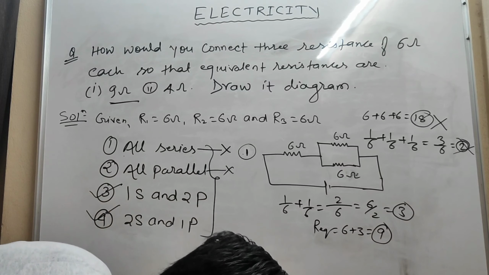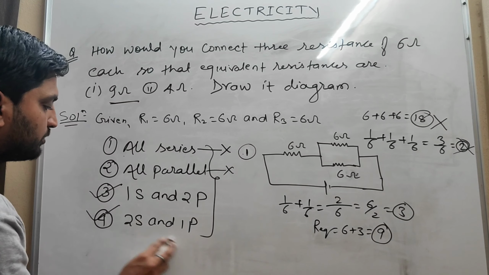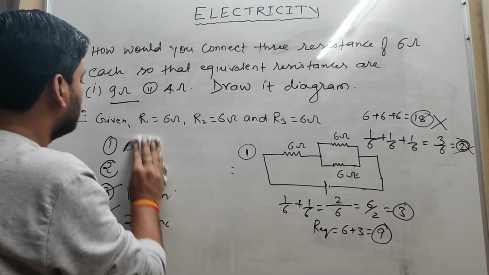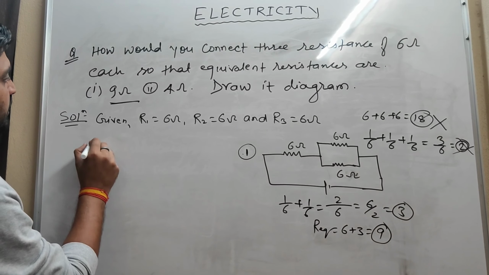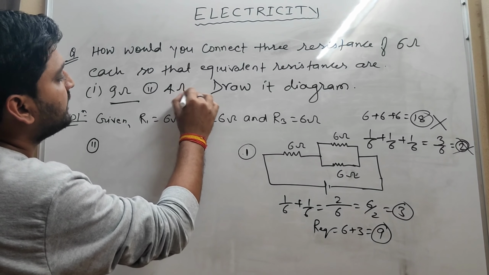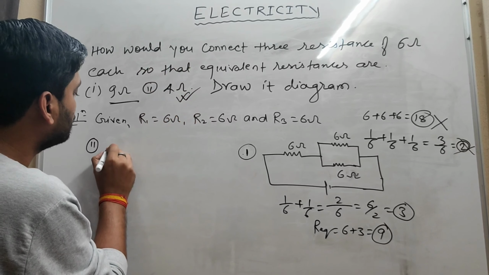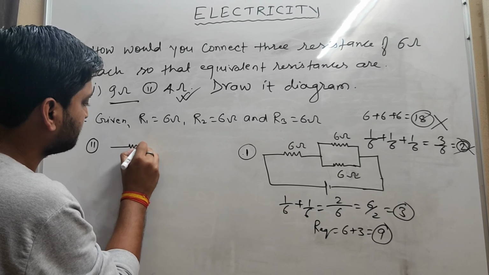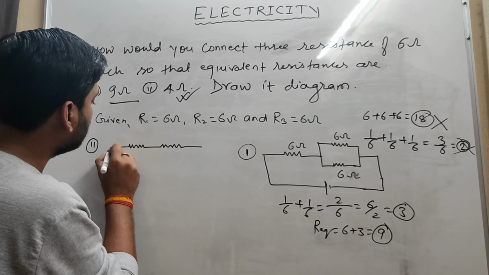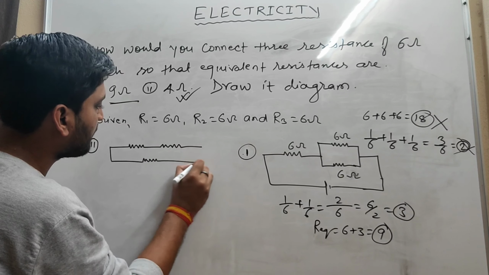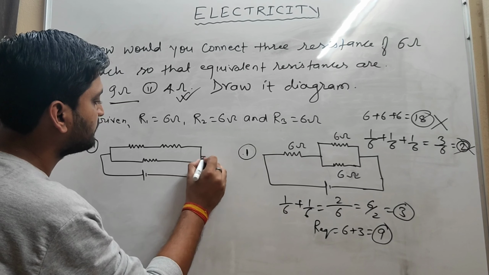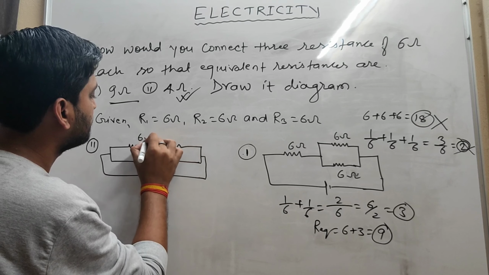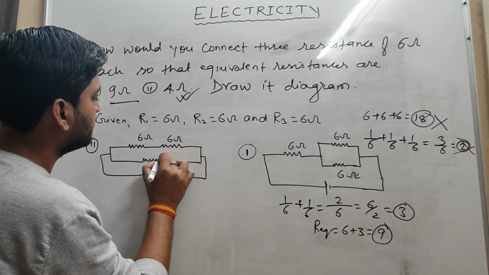Now coming to the fourth option, two series, one parallel. Surely we are going to get the answer 4. This is your 2 series, 1 parallel: 6 ohm, 6 ohm and 6 ohm.